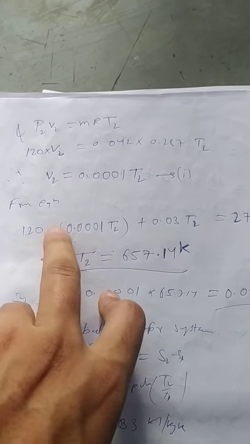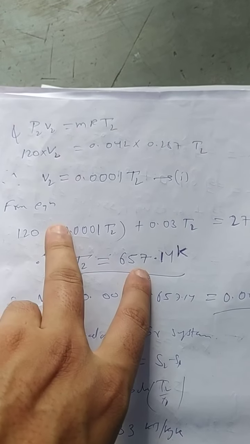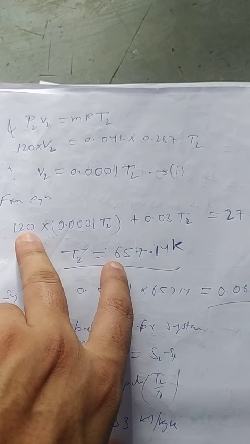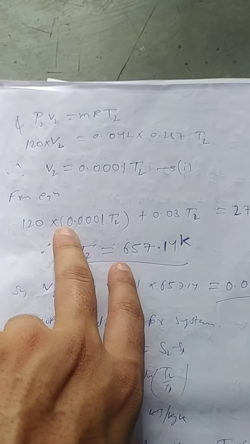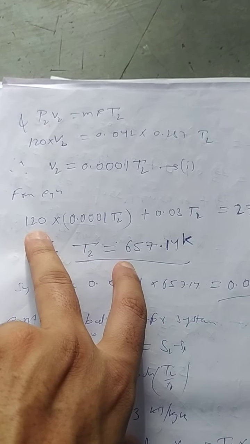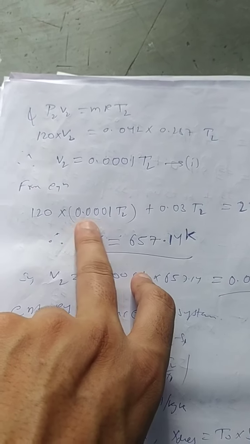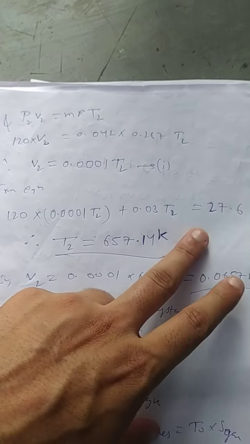So from equation 1 and equation 2, putting the value of V2 in equation 1, we get 120 into 0.0001 T2 plus 0.03 T2 is equal to 27.6.